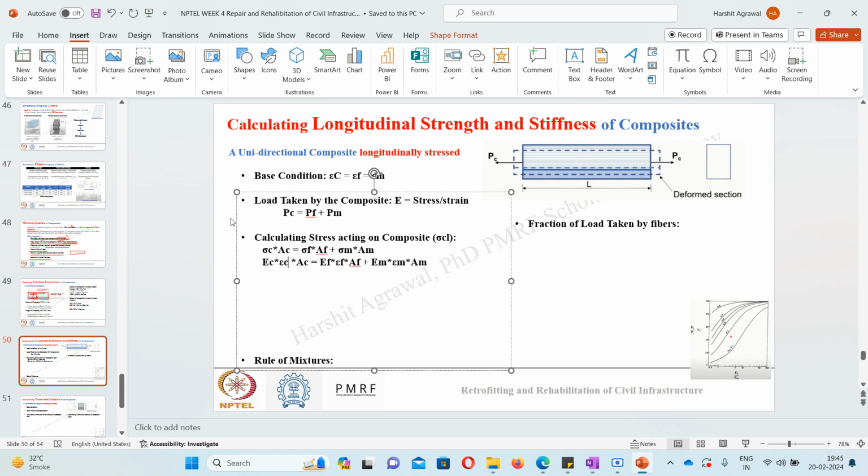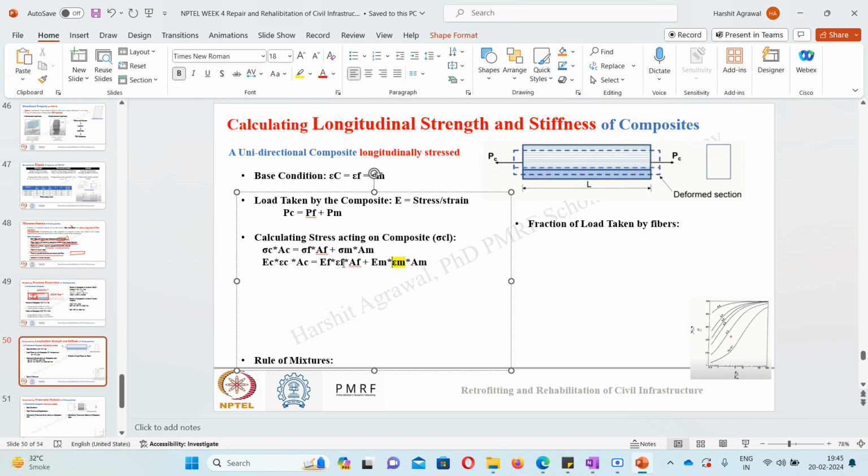Now, since I know the strain in composite is equal to strain in fiber, equal to strain in matrix, these three terms will be the same, so they will cancel out from both sides.